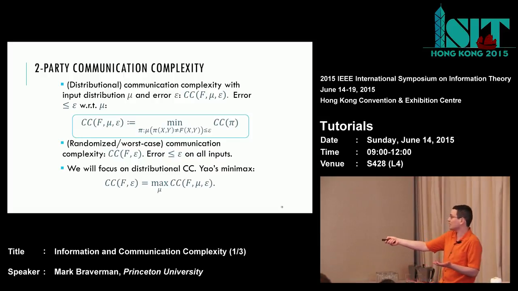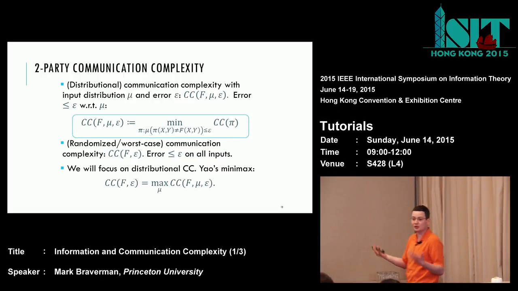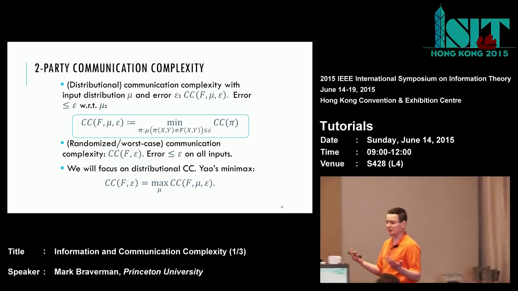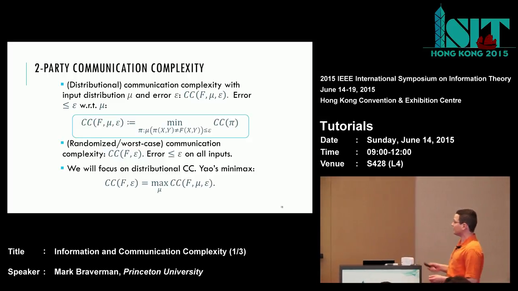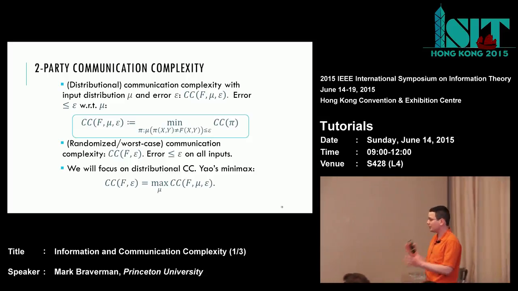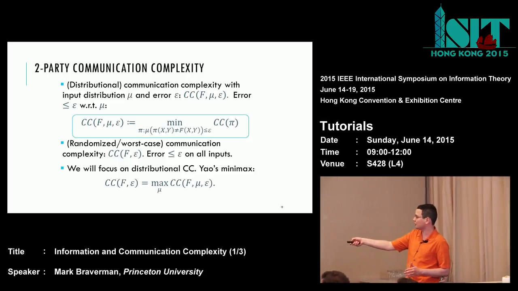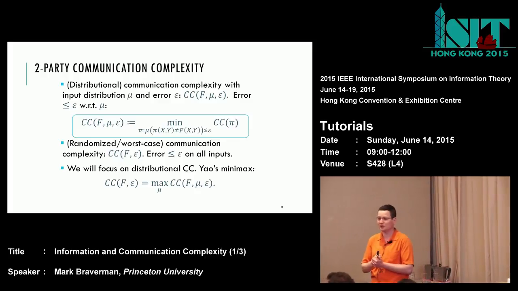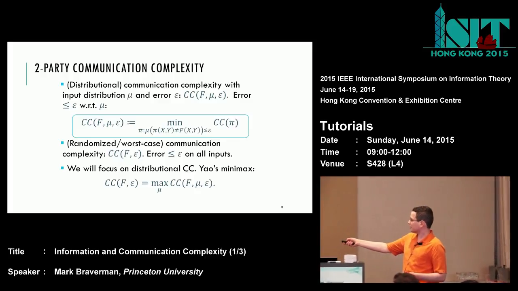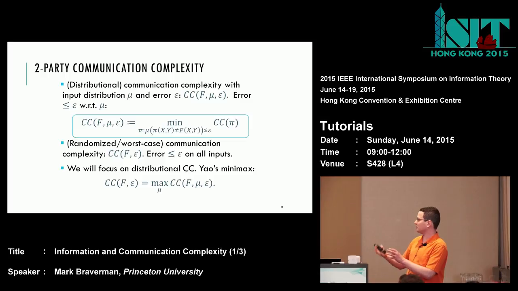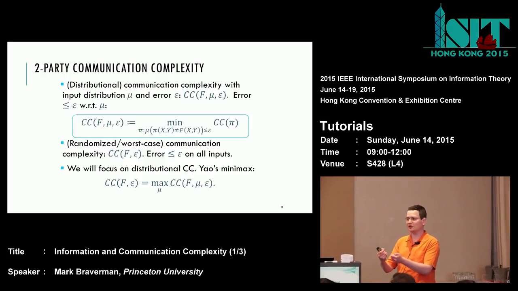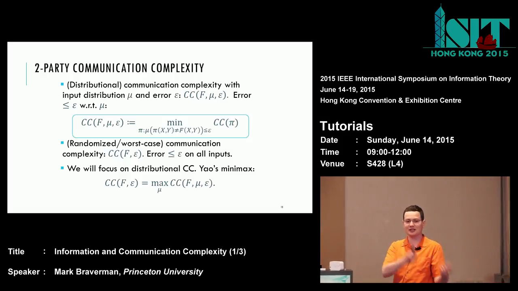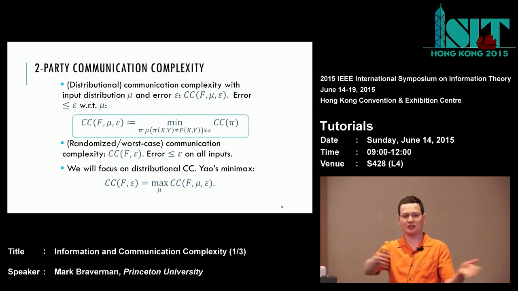Because if you are right with probability 1 minus epsilon on each input, you're also right with probability 1 minus epsilon with respect to all distributions simultaneously. But it turns out that it's not a big restriction because of the following theorem, which follows from a minimax argument: for each problem and for each error, there is a worst distribution. So there is a distribution such that computing f with respect to that distribution is as hard as computing it correctly on all inputs.